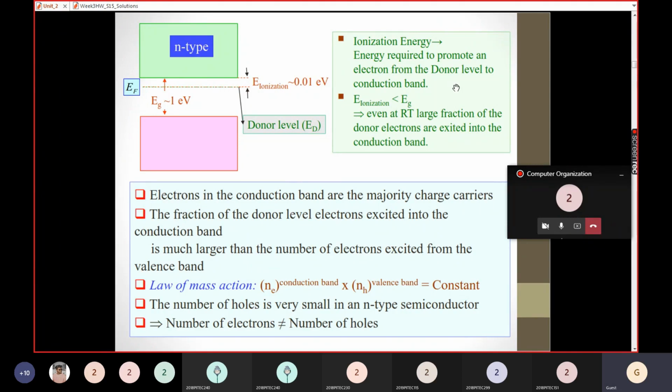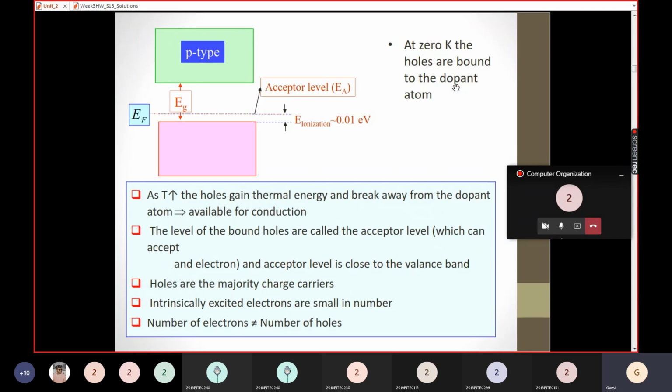The condition for ionization to take place is always that the ionization energy should be lesser than the minimum energy gap, which is equal to 1 electron volt. Either it may be 0.5 or 0.8, not a problem, but it should not be equal to 1 electron volt, or greater than 1 electron volt. This is a very important case in terms of extrinsic semiconductor in case of silicon.